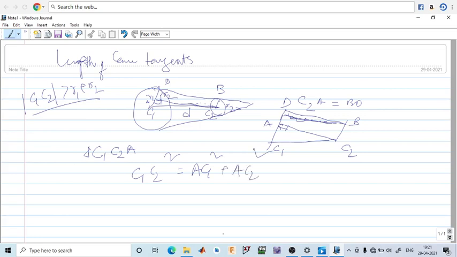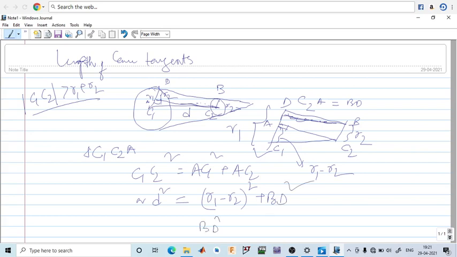What is C1C2 square? I have told that this one is d square. What is AC1 square? See, this part is r2 and this overall part is r1. Then AC1 is r1 minus r2, that is (r1 minus r2) whole square, plus AC2 square is equal to BD square, as it is a rectangle.